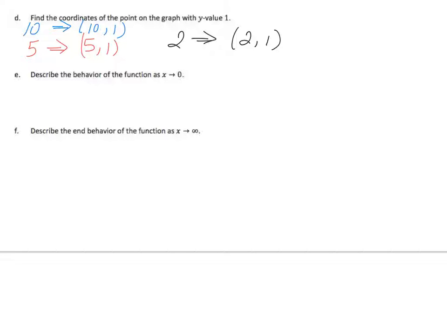And now behavior. This is called end behavior. How does the graph act as it's built? I can't spell today. Yes, I know you guys are all laughing, like, Miss Carly, you can't spell any day.